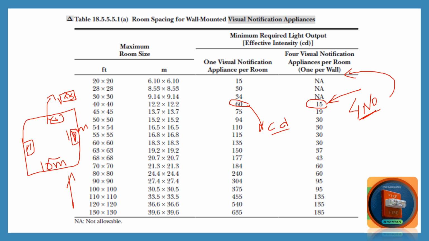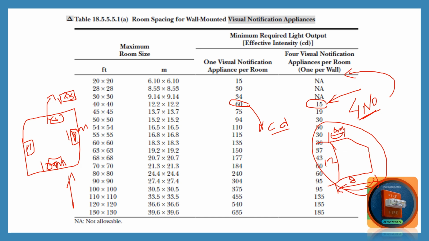If the dimension of the room is irregular, for example like this, and here you have a 6 meter width, this one assume 12 meter width or length, and here this width will be like 8 meter.